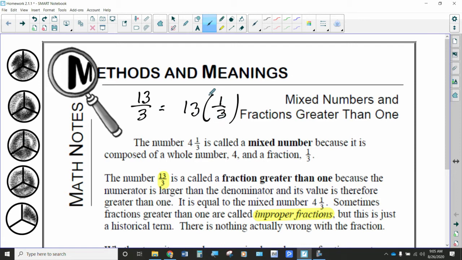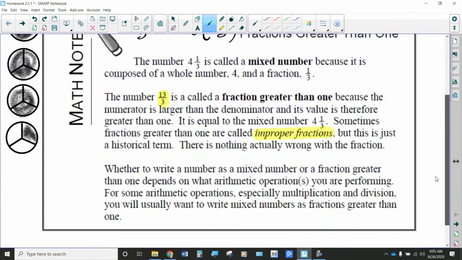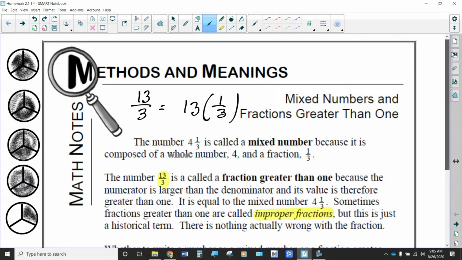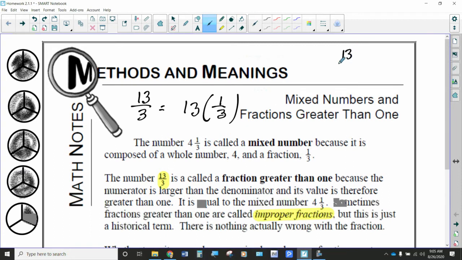So going back and forth between mixed numbers and improper fractions is an important skill to understand, and the process basically involves division, right? If you take 13 and you divide it by 3, how many total 3s can you fit into 13?